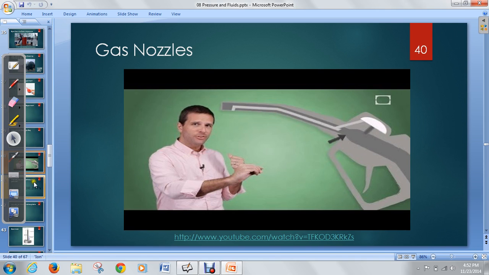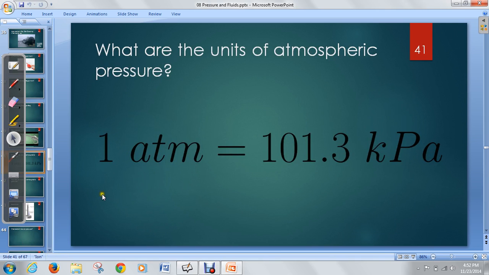Then we talked about what atmospheric pressure is measured in, or what its value is. They defined a unit called an atmosphere, which is basically just the pressure of the atmosphere. It makes the description easy, because you can say the atmospheric pressure is 1 atmosphere.